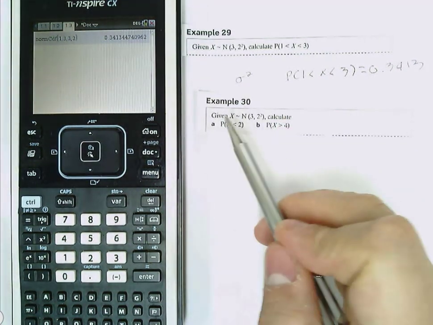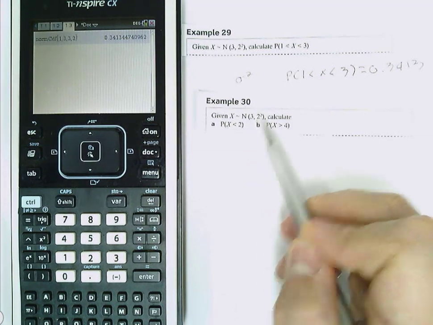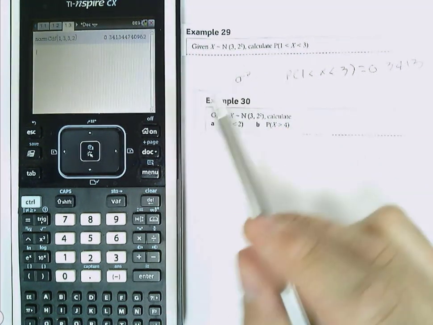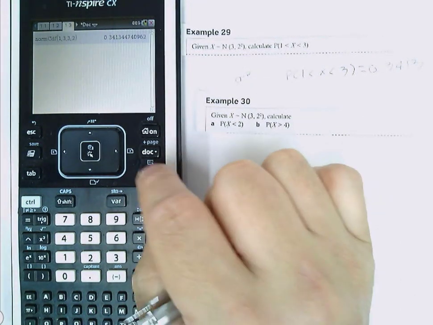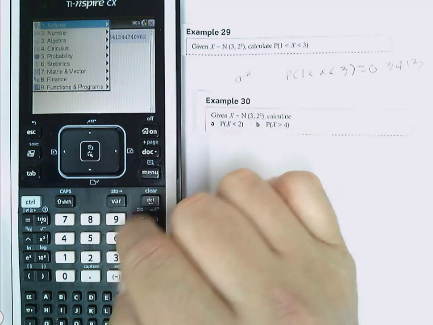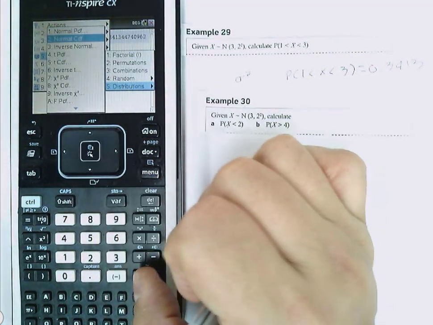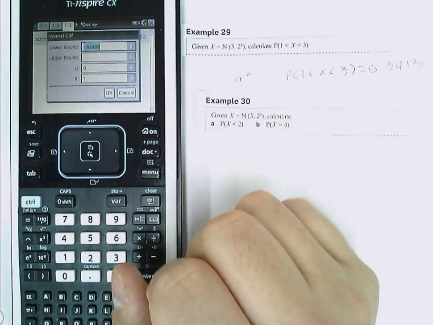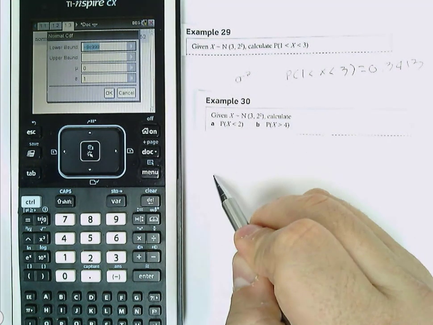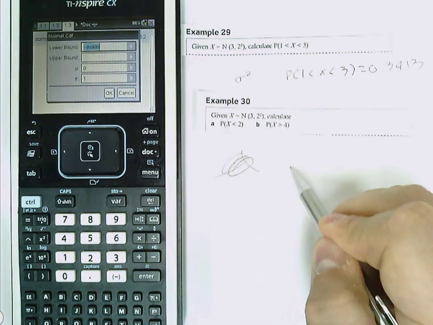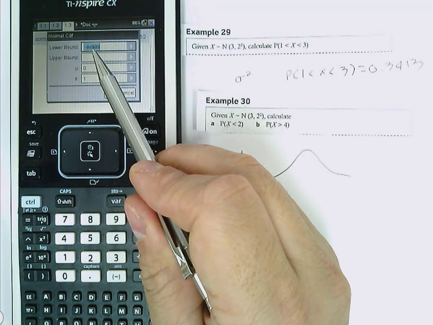Good? And then the next one I'm going to look at gives us two options. It says x follows a normal distribution with mean 3, pretty much the same type of normal distribution, right? This time it's the probability that x is less than 2. So menu, probability, distribution. I make sure I do a CDF, not a PDF. Now, since it's less than 2, it's going to start all the way down. If you remember, the normal distribution goes on forever. So I just want a really small number, which it already is on there.